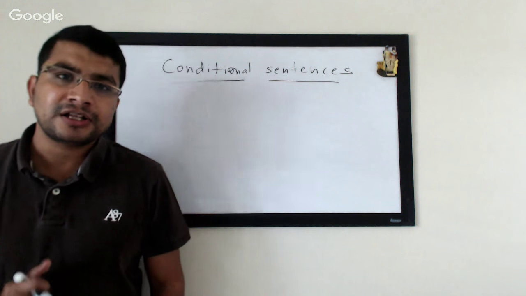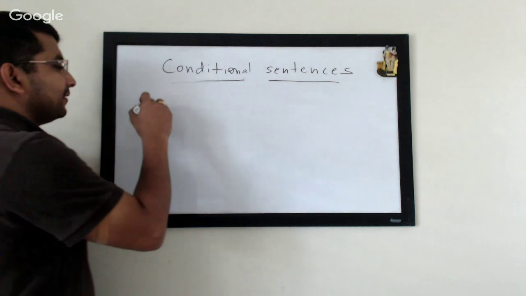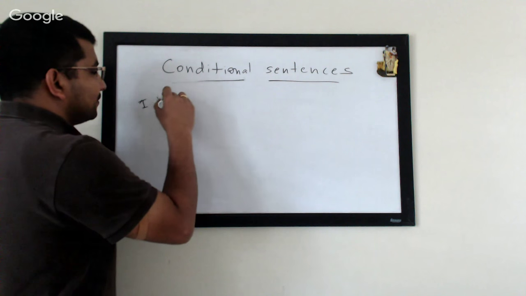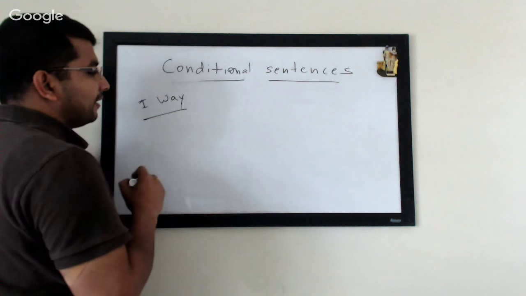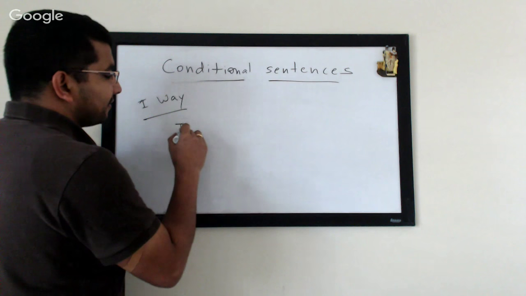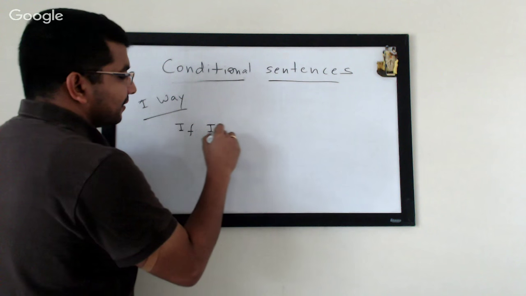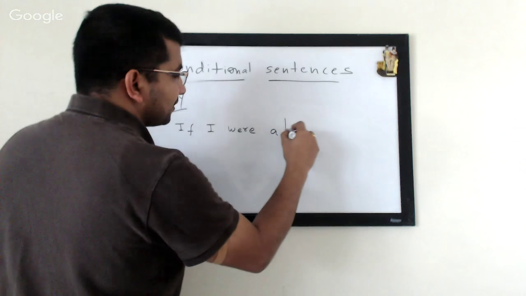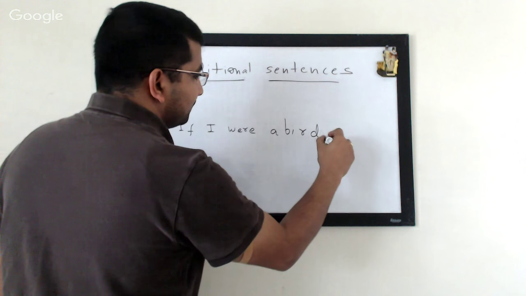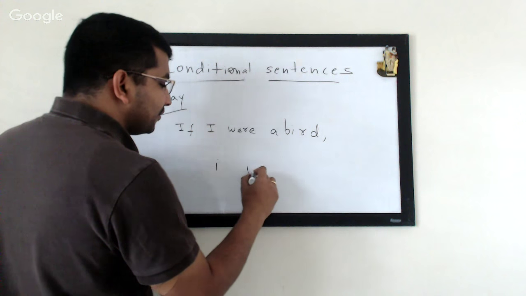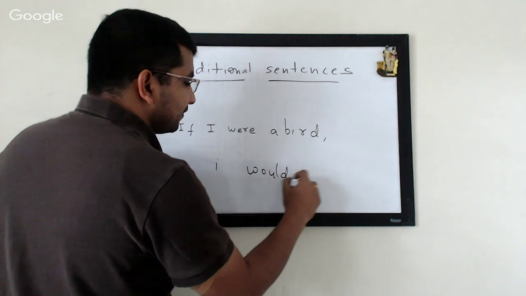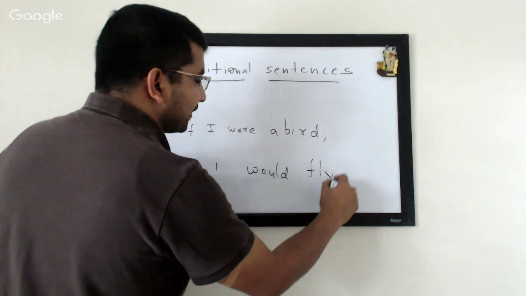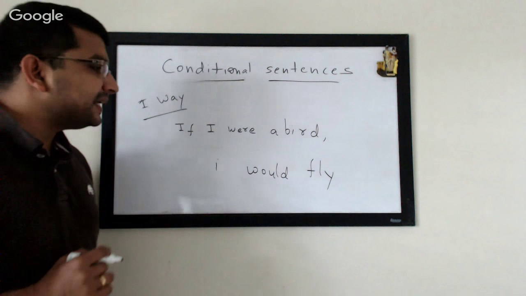In this particular class, we'll learn one way basically, which is something like: if I were a bird, I would fly. So it's something completely unreal.